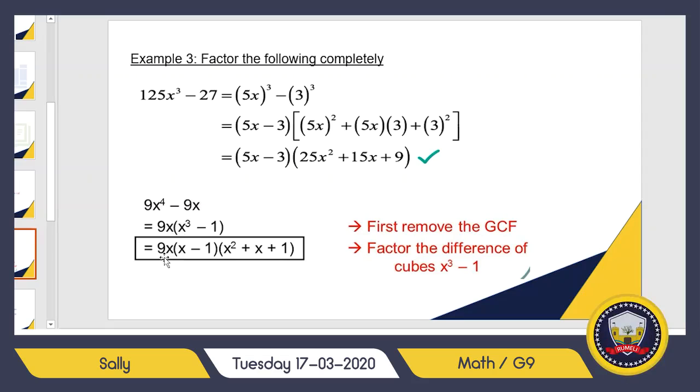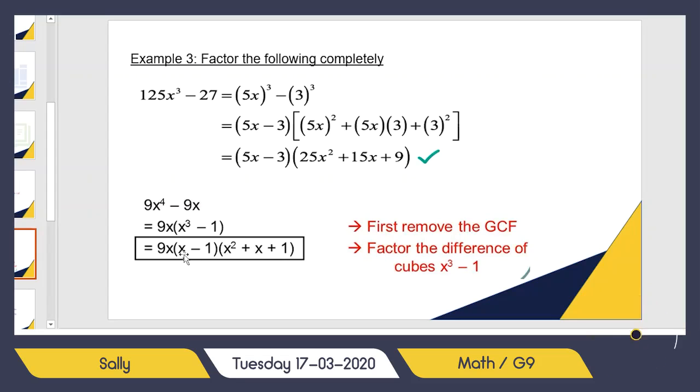So I will write 9x and open a small bracket, put the cubic root of x to the power of 3, which is x, minus, I put the same sign. The cubic root of 1 is 1, so the second term of the first bracket is 1. Then I open a bigger bracket, put my 3 terms. My first term is the square of the first term of the first bracket, which is x.